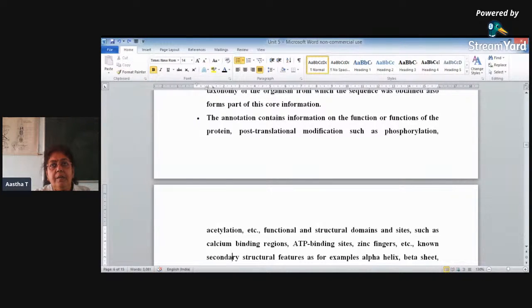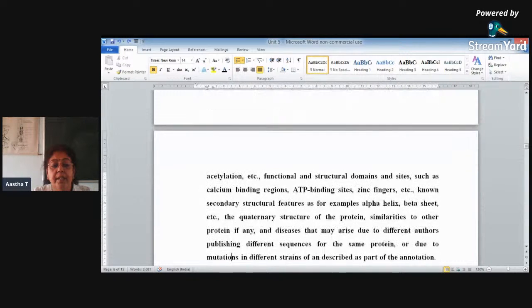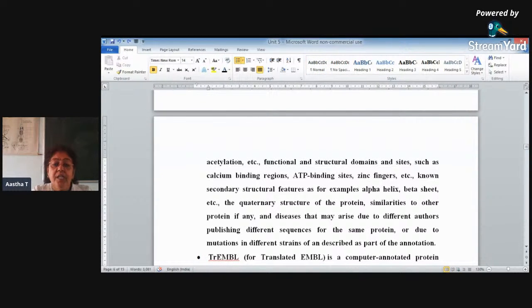We have seen all these post-translational modifications. Then functional and structural domains in this protein such as calcium binding regions, ATP binding regions, zinc fingers, etc.